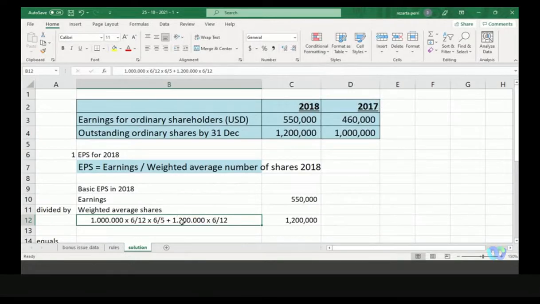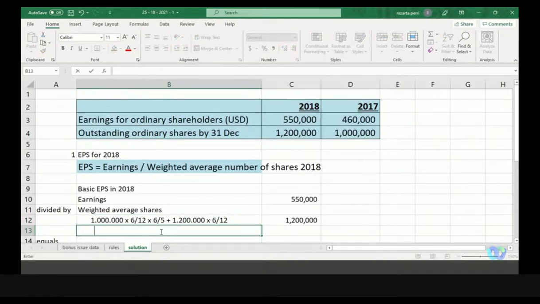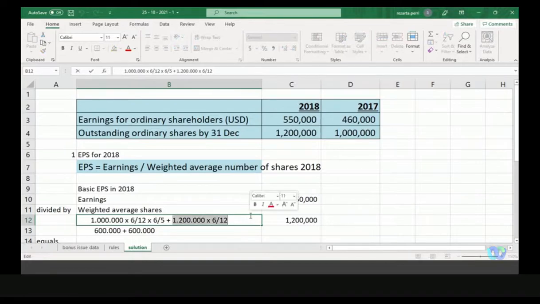If you make the calculations over here, 1 million multiplied by 6 to 12 and then multiplied by 6 to 5, which is the bonus fraction, the first part of the equation here will be equal to 600,000. Just try that and you will have that amount of shares. And then the second part of the equation over here will also give you 600,000.